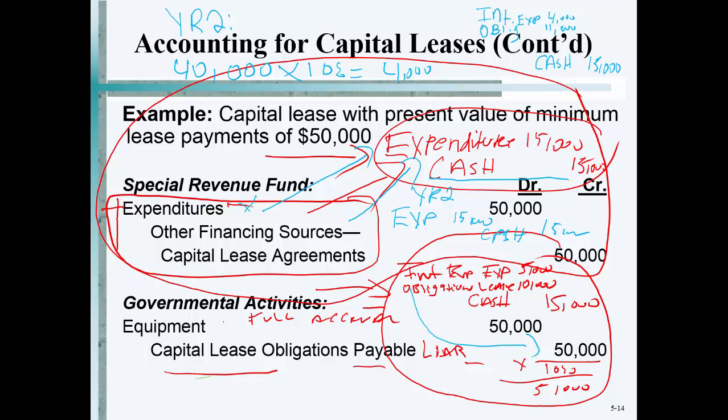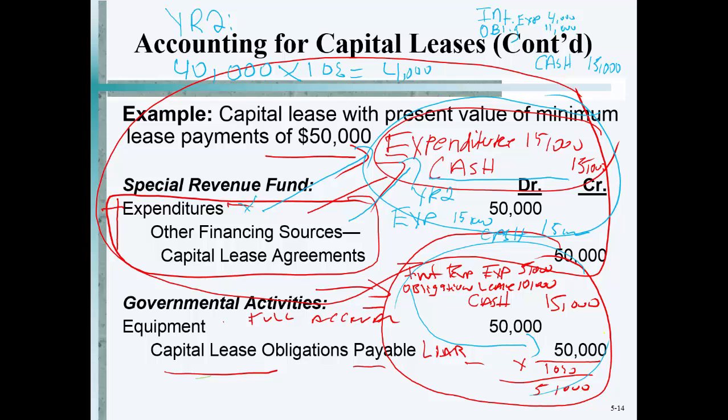Starting from the double accounting part, because here the expenditures and other financing sources. So in year 2 we have an expenditure and cash on the other side when we do the payment. Are you talking about this part right here? You're talking about this over here, huh? The top part? Expenditure.